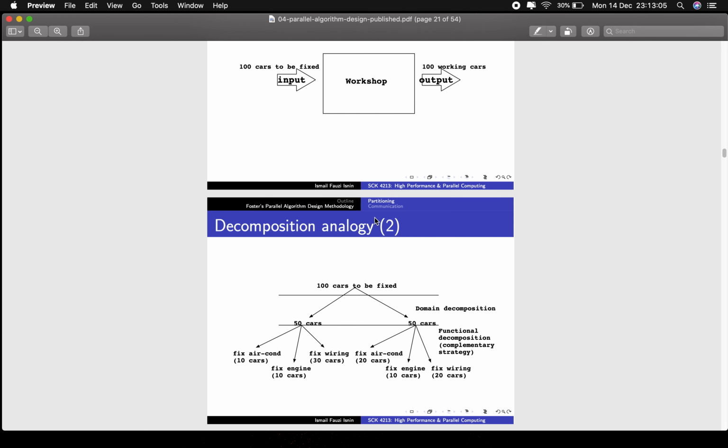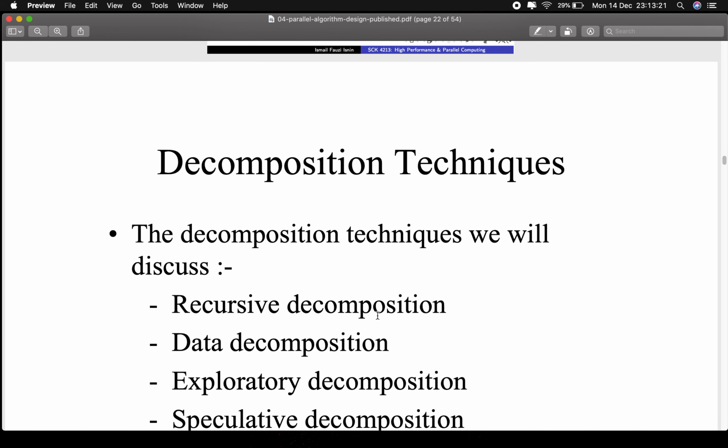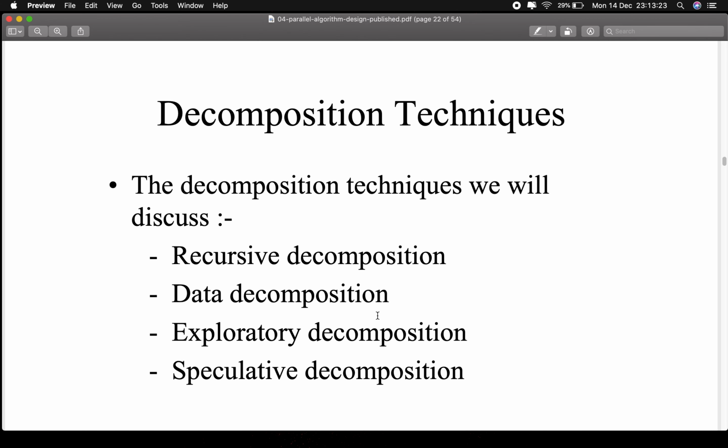In the second analogy, you do the complementary strategy, where you group it into 2, followed by the problem for each computer or program or whatever. And we now touch on the decomposition techniques.